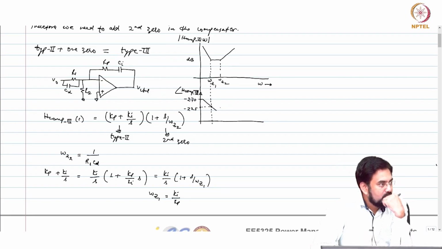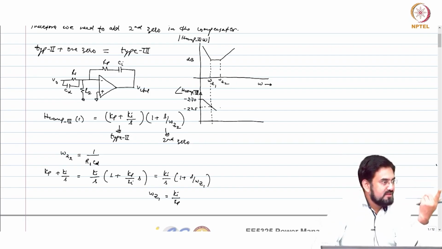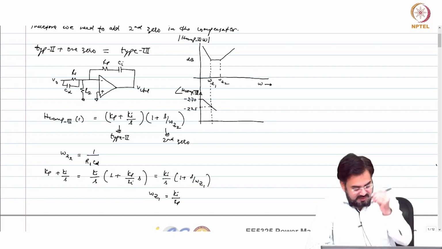Actually, the phase will increase. So you have 1 integrator and 2 zeros. What is the maximum phase shift you will get at the end? Plus 90. So we should take it in the other direction actually.